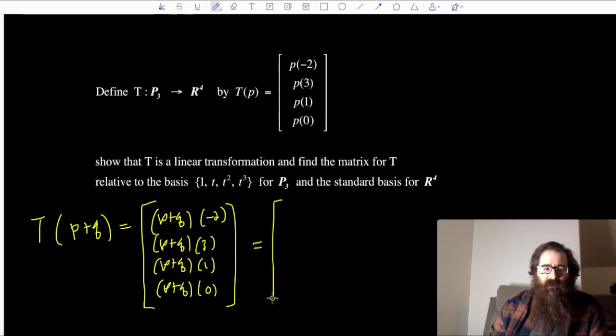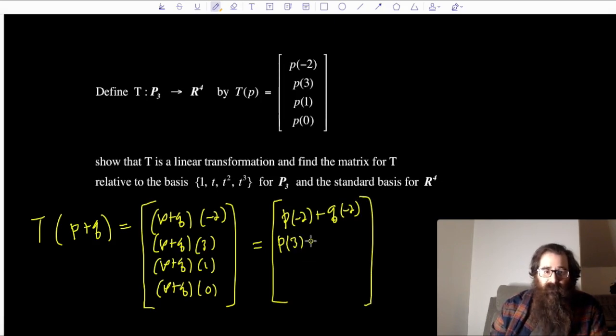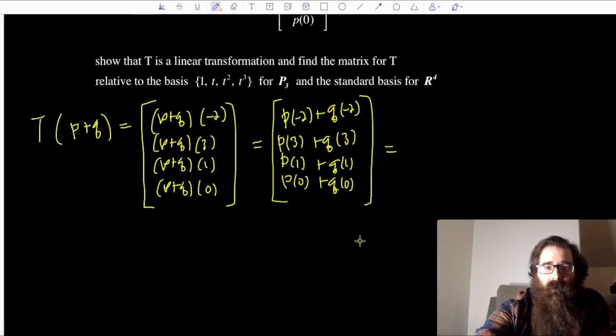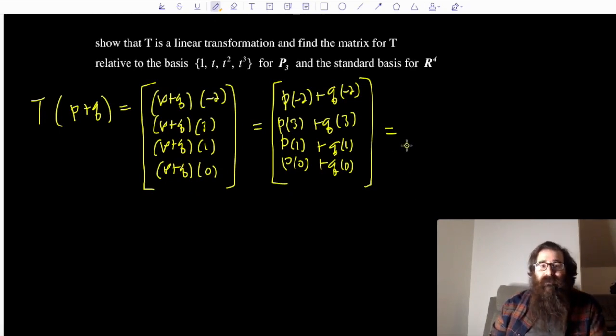And I can view this then as p at -2 plus q at -2, and then p evaluated at 3 plus q evaluated at 3, and p evaluated at 1 plus q evaluated at 1, p evaluated at 0 plus q evaluated at 0. And right here, I can split this up using properties of vectors into the sum of 2 vectors.